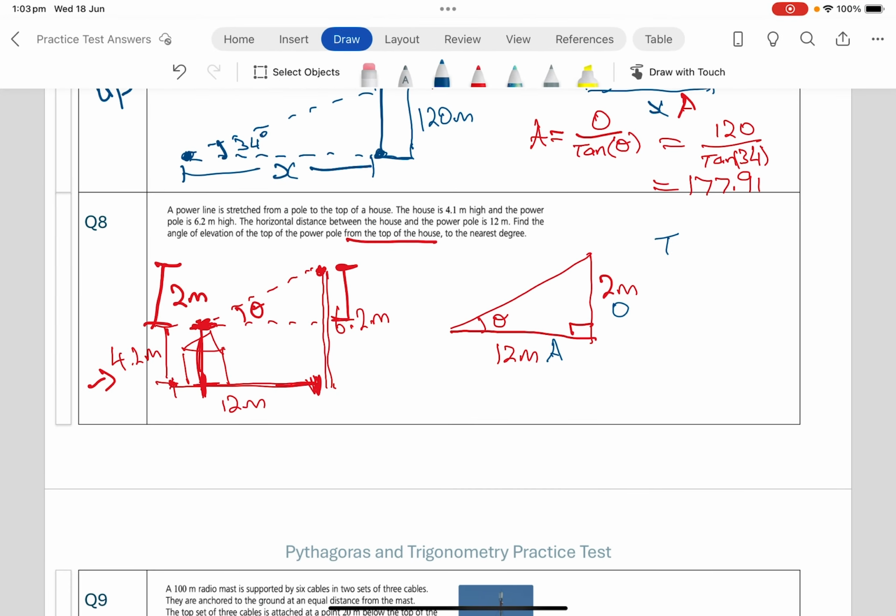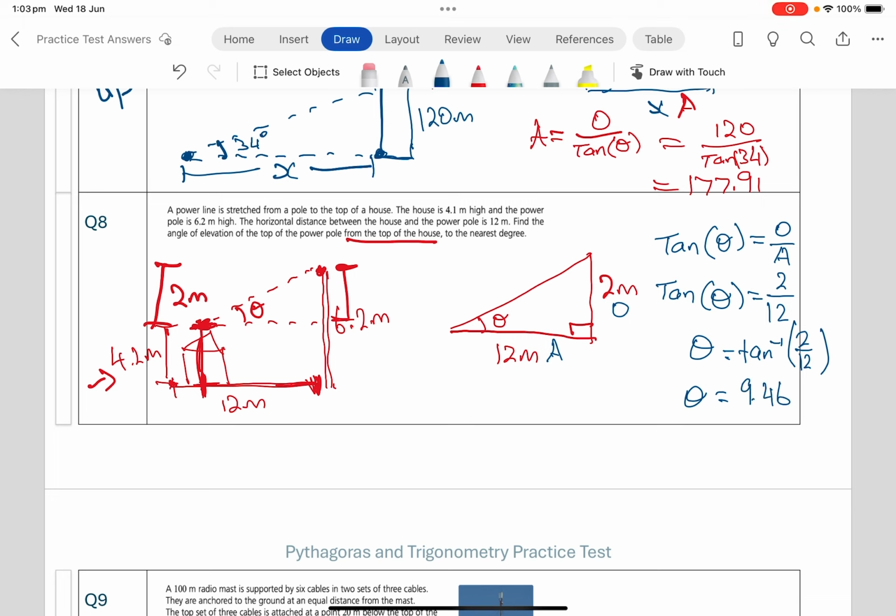So we're trying to find tan of theta, which is going to be opposite over adjacent. Opposite is 2, adjacent is 12. Once again, going to take tan inverse of 2 over 12. We get 9.46 degrees.